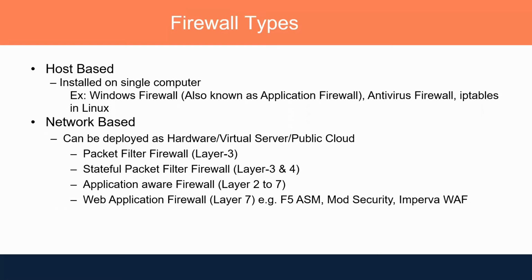We can deploy it at any point of the network, and we can get different types of protection. There are different types of network-based firewall. Checkpoint is an application aware firewall. It also supports all the features of the next generation, like Palo Alto, and similarly all those features are supported by Checkpoint as well.